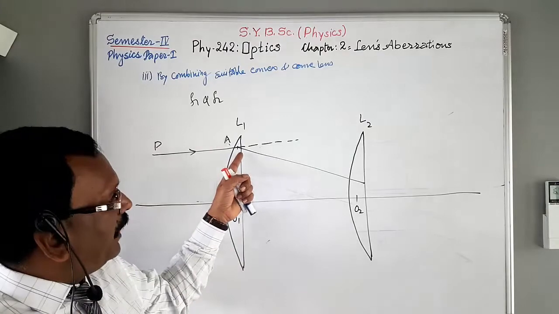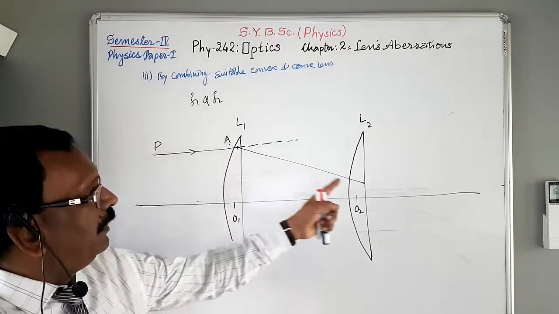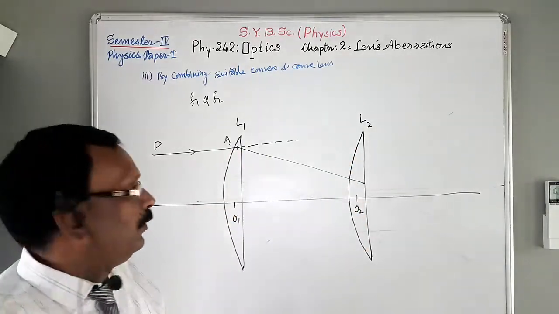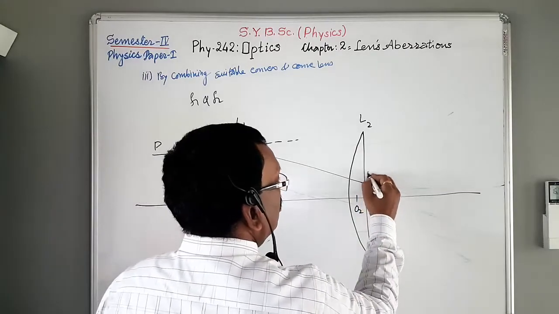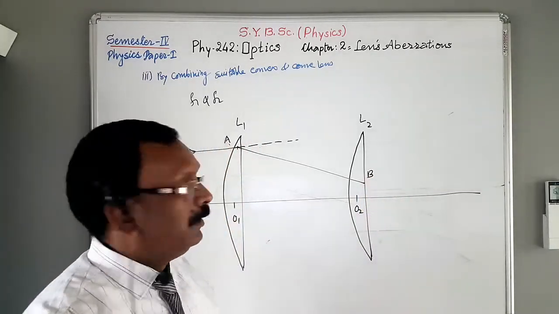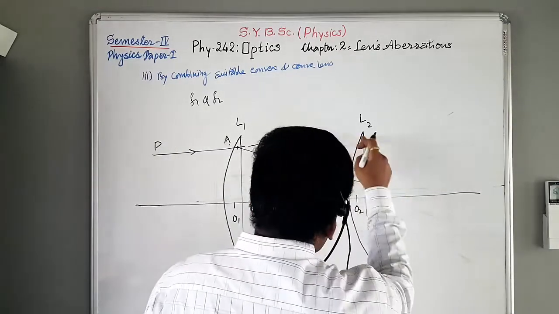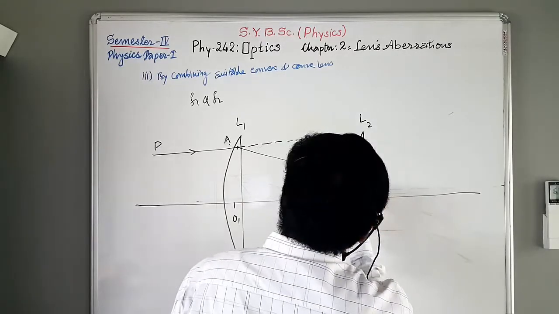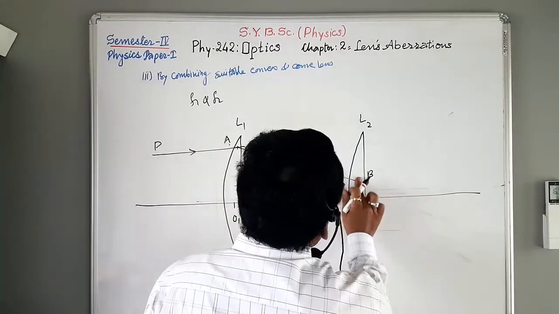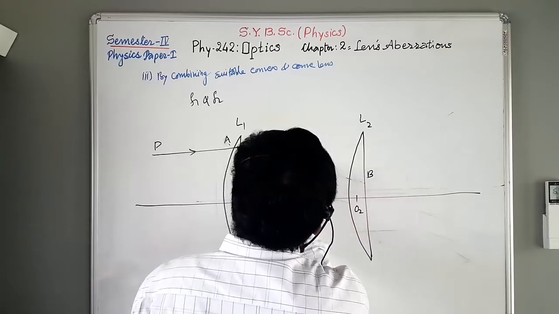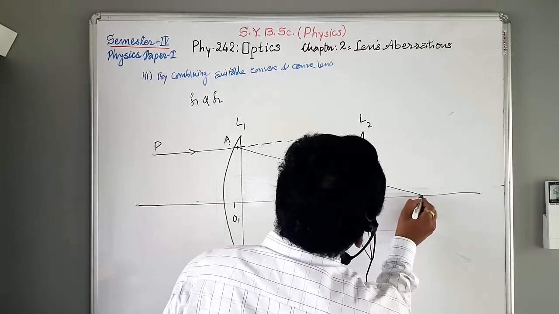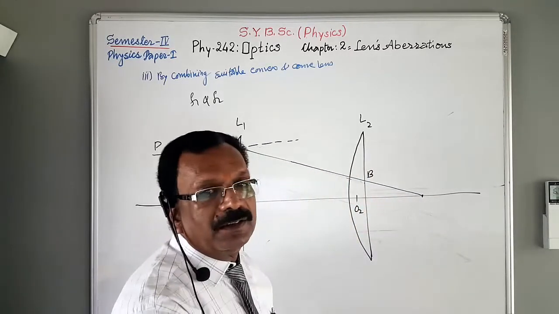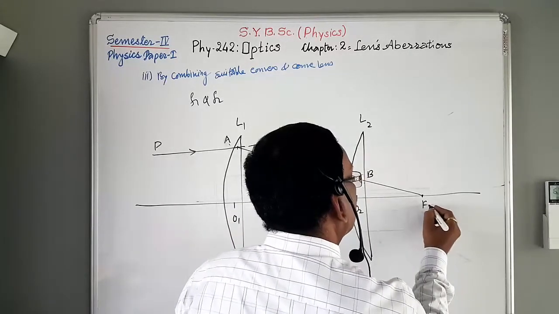Now after refraction, this ray PA strikes lens L2 at point B. If this lens L2 is absent, then it simply comes to focus at this point, F1.